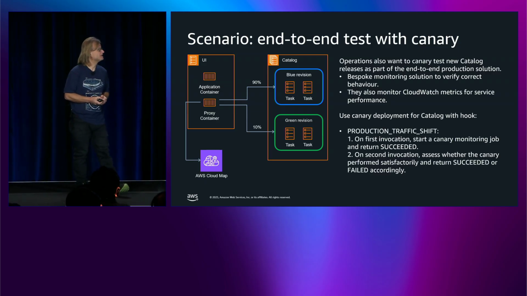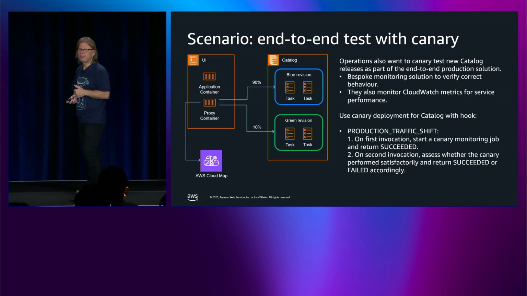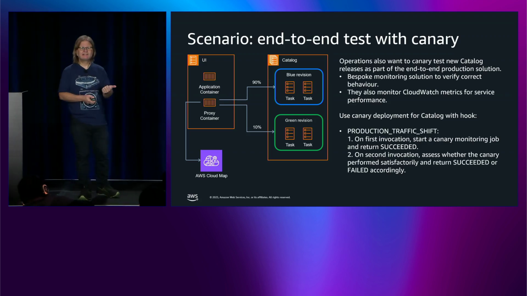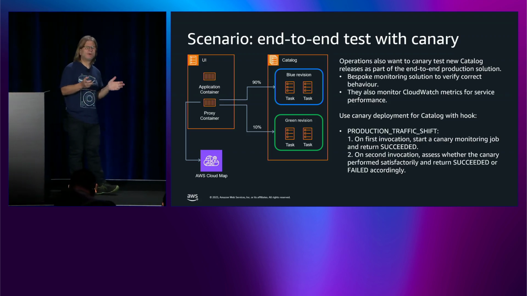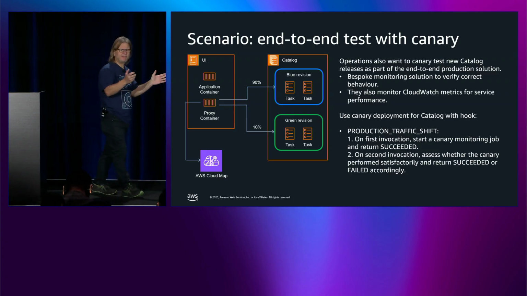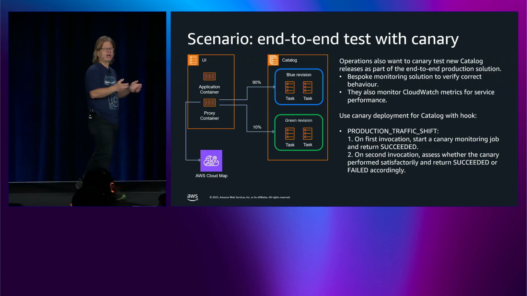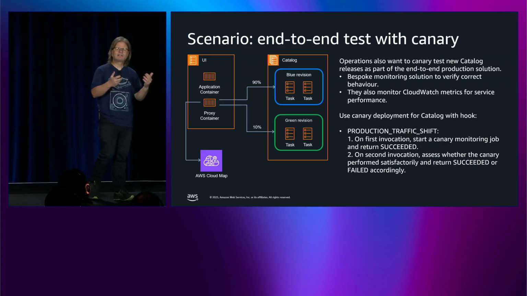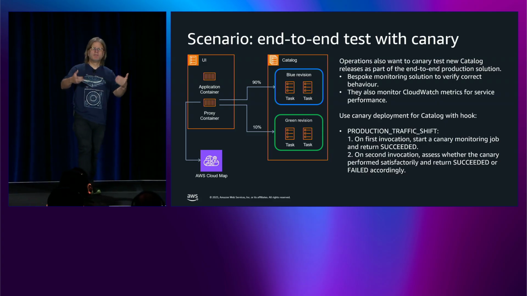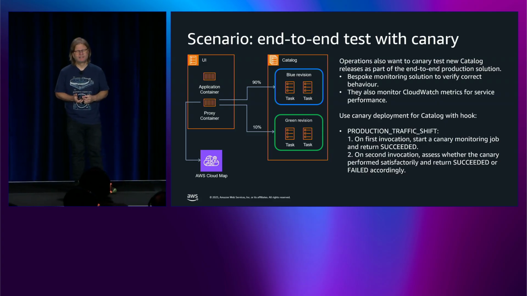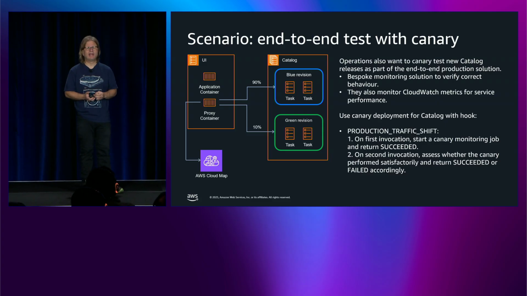So what they did here was, on the first invocation, they start a test, right? So at this point, a Canary percentage of production traffic is going to the green environment, and we start this test to start monitoring the performance of the Canary.